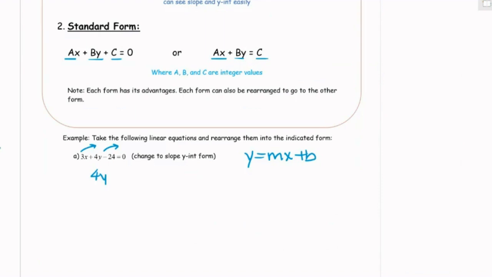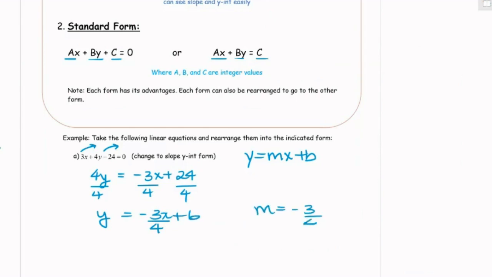So we're going to get 4y is equal to negative 3x plus 24. From there, we're going to divide everything by 4 on both sides. So we get y is equal to negative 3 over 4 x, I forgot my x, plus 6. So that means our m is negative 3 over 4 and our b is positive 6.